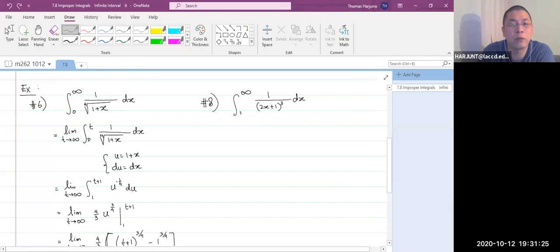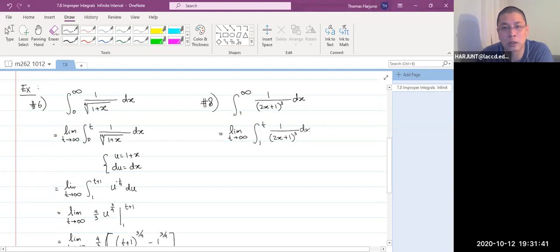So be very careful with that, okay? Set it up correctly first. The limit as t goes to infinity of the integral from 1 to t of 1 over (2x plus 1) cubed dx. And then I do substitution: u equals 2x plus 1, so du equals 2 dx.